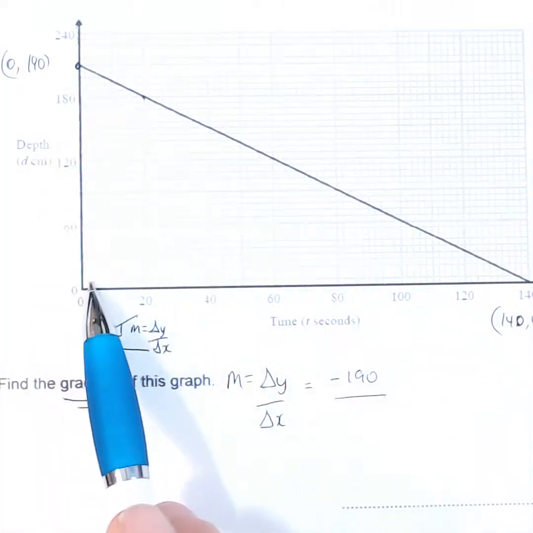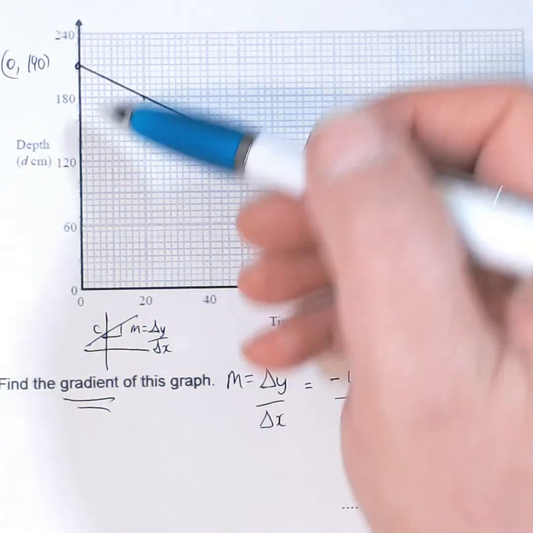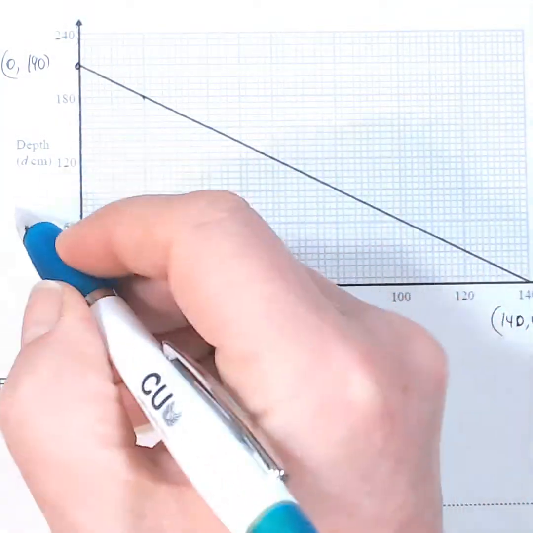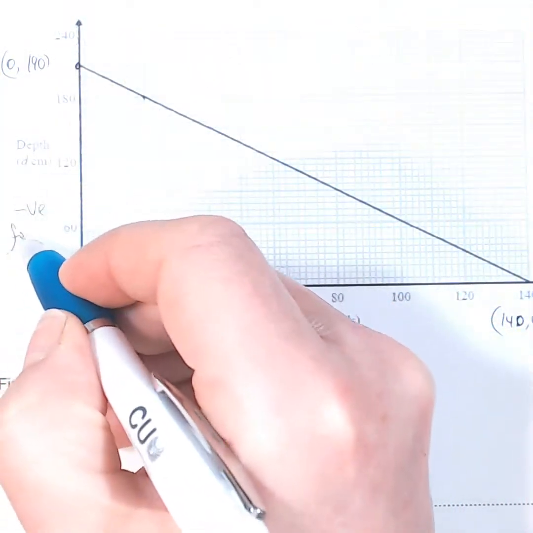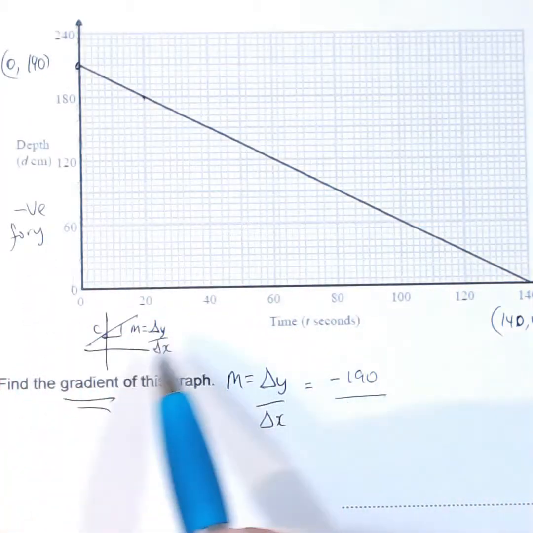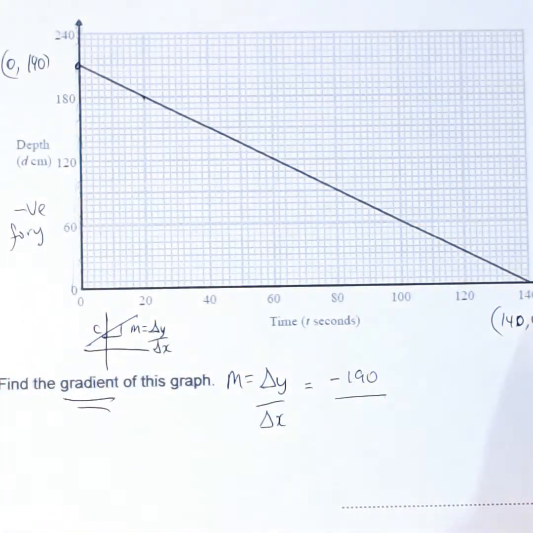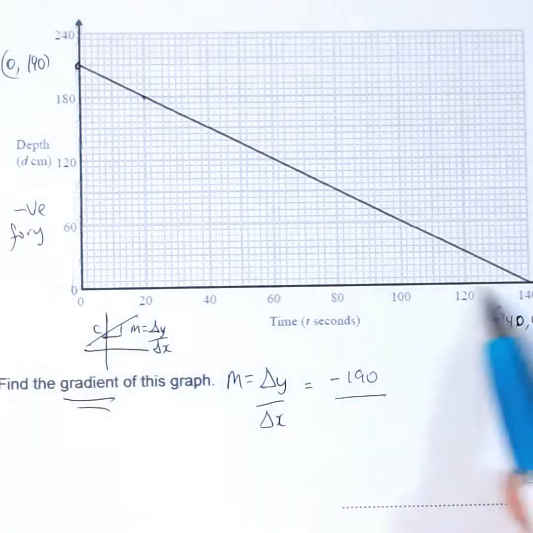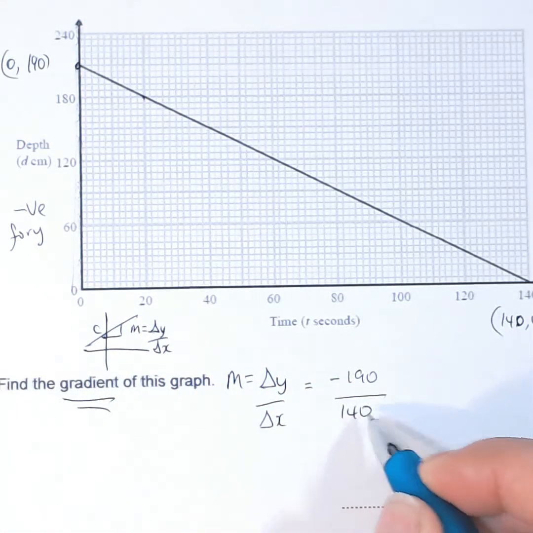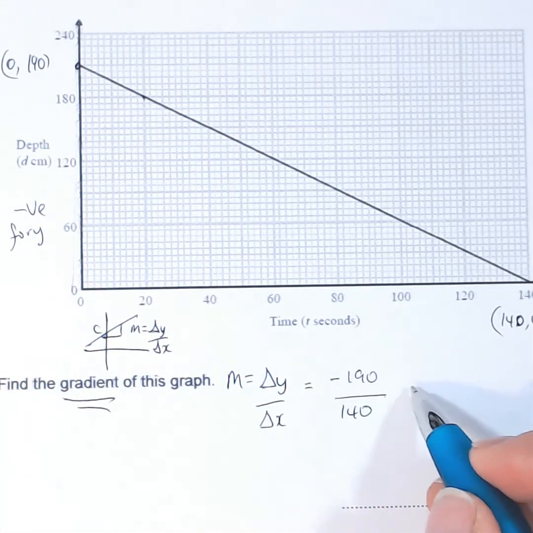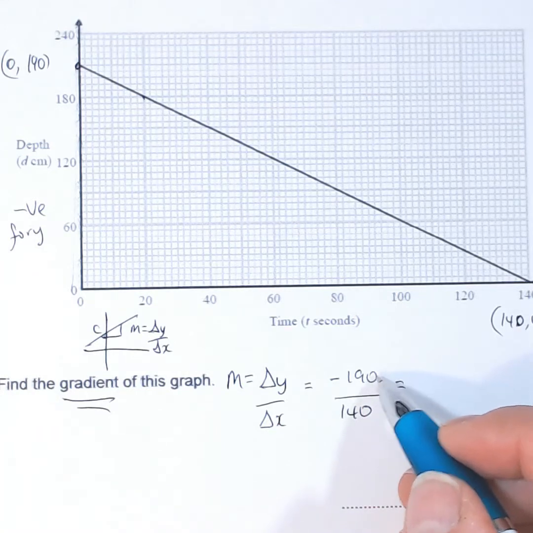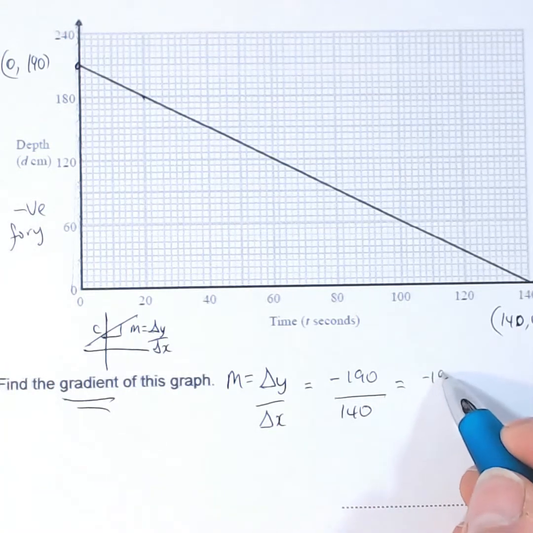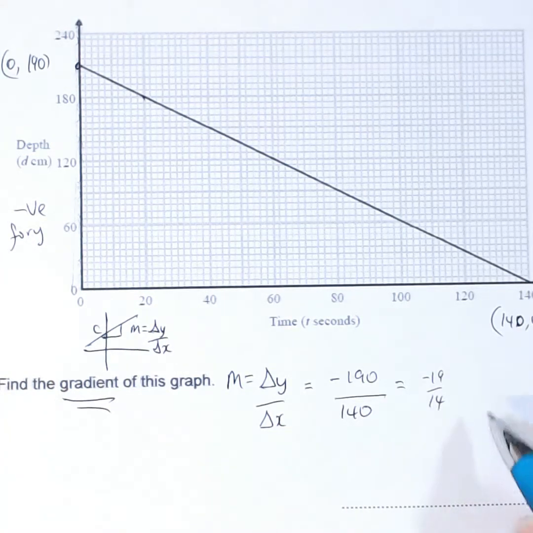And our change in x, well, we're going positive on the x, so we've come down. So that's why we know it's going to be negative for y. And we've come across to the right, so we know it's going to be positive for x, so that's going to be 140. And when we calculate that, divide both of those by 10, we end up with negative 19/14.